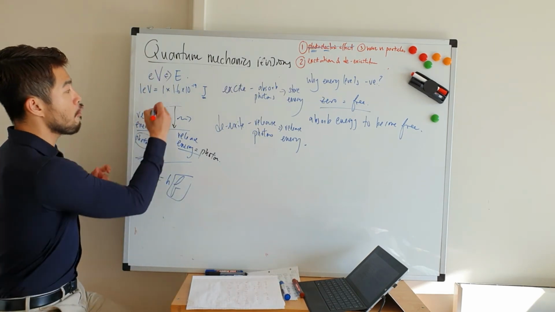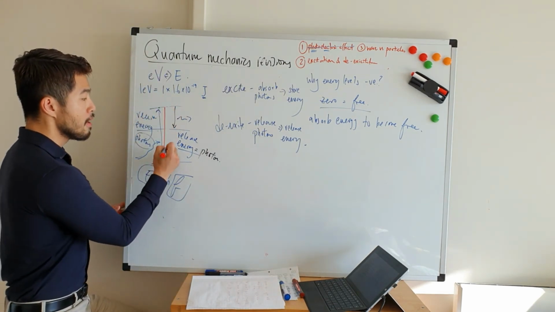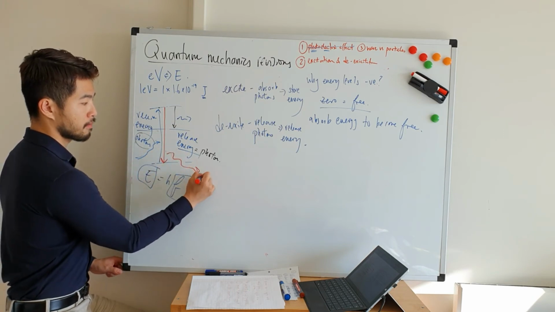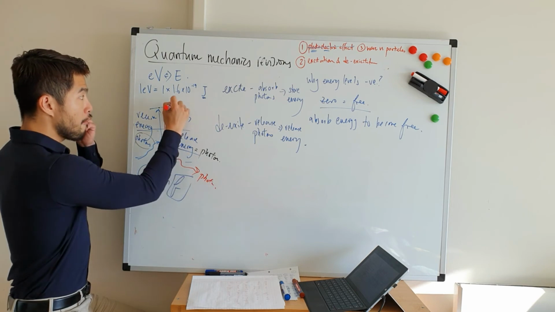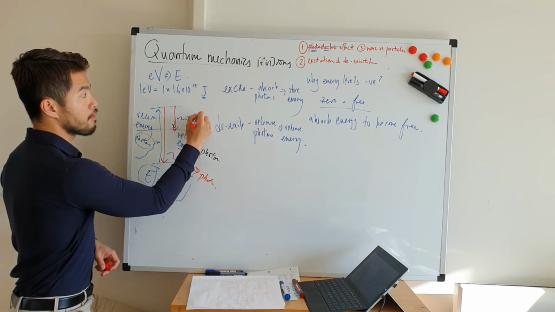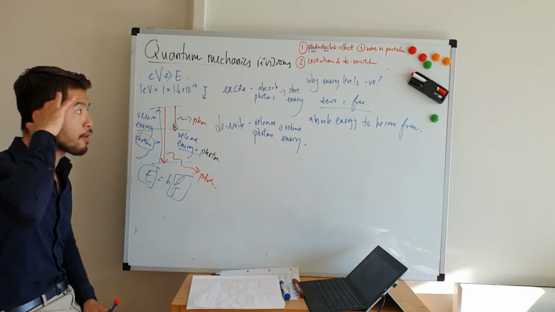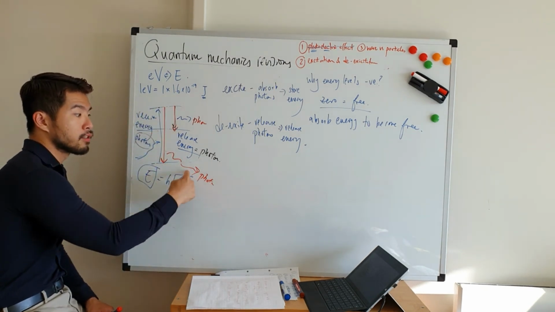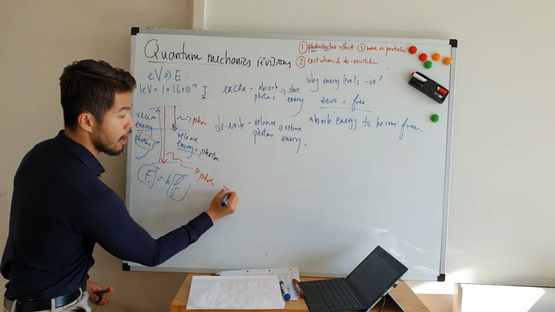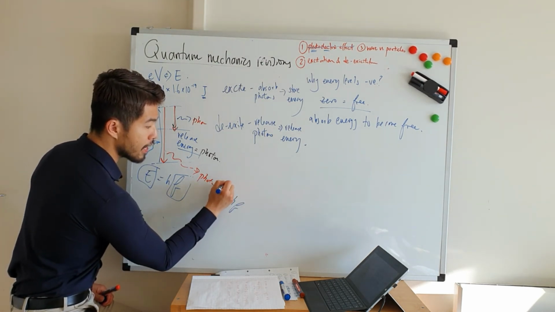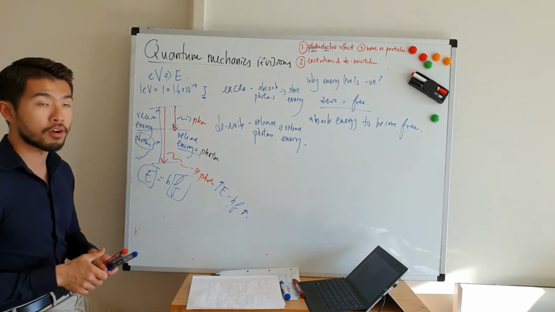For example, if I fall from here to here, this is going to release 1 photon. If I fall from here to here, it's going to release another photon. Which one has higher energy? Think about it. The drop is higher, so the photon energy is higher. E equals hf, so higher E will have higher f.